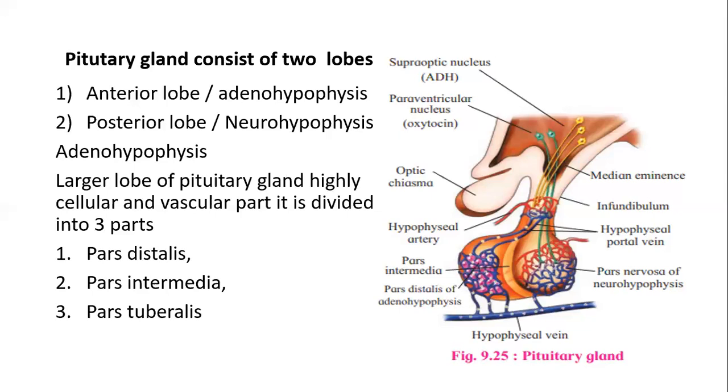It contains various types of epithelioid secretory cells, that is acidophils, basophils, chromophores, etc. And it is divided into three parts, that is pars distalis, pars intermedia and pars tuberalis. We are seeing in the figure: pars distalis, pars intermedia, and this region known as pars tuberalis.